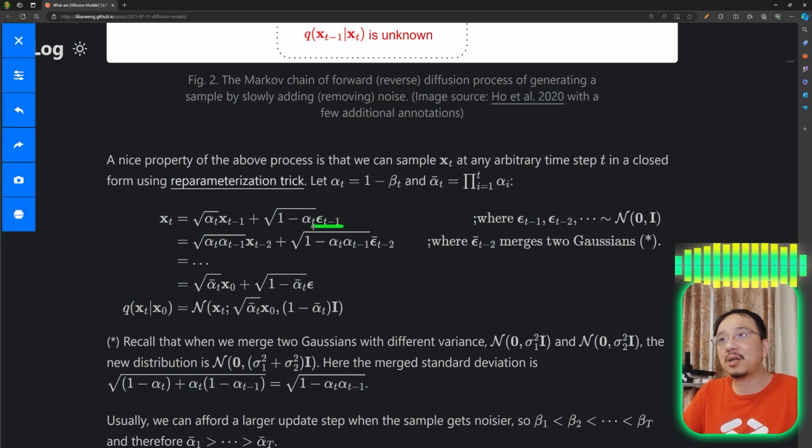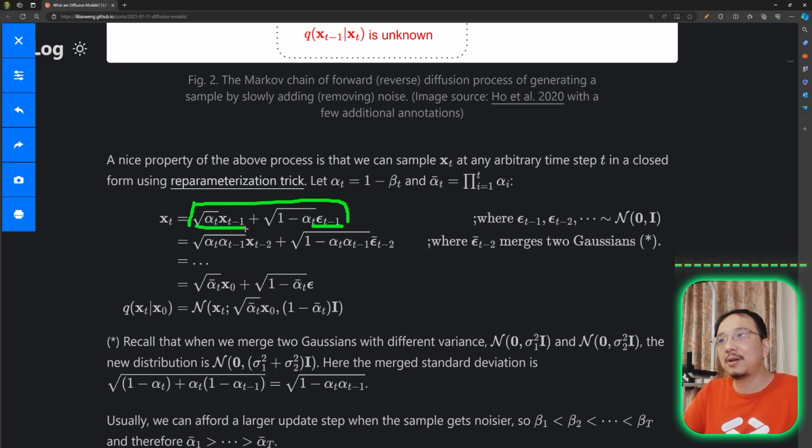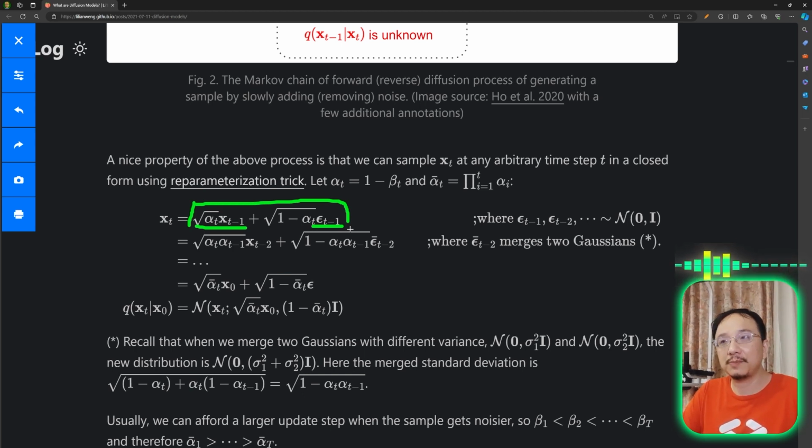Because the standard Gaussian distribution here has zero mean, the mean of this is exactly the first term, because the second term has a zero mean. The first term is fixed, so the standard deviation follows the scale of the second term.